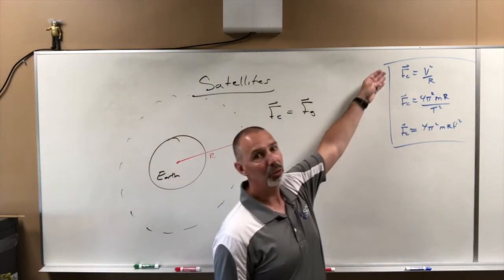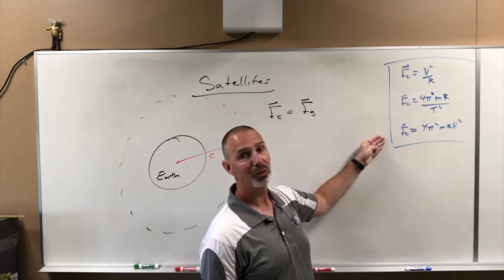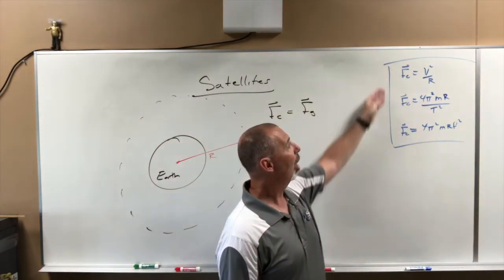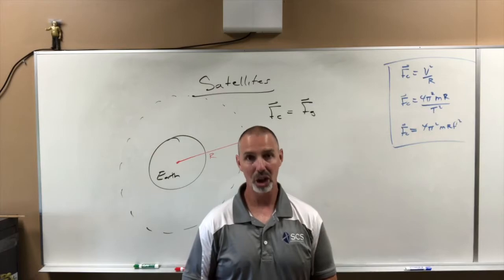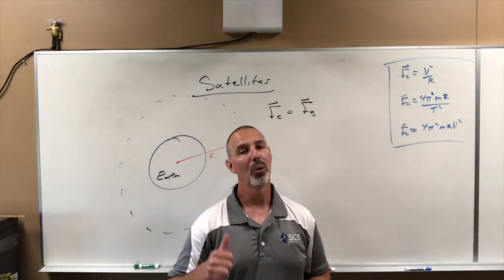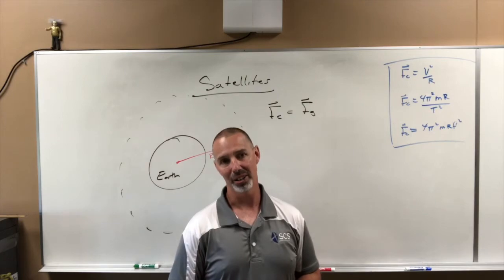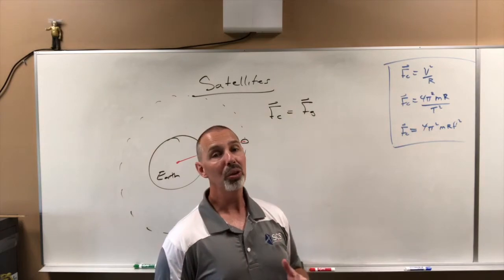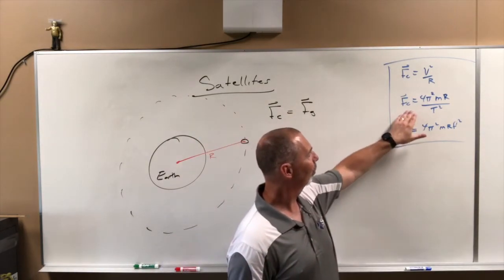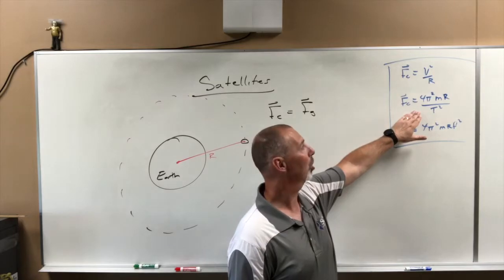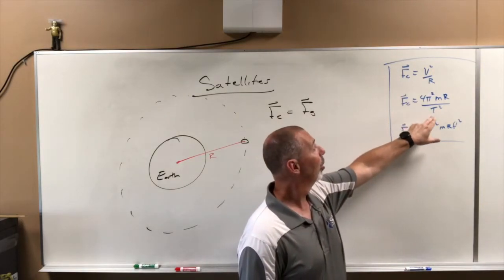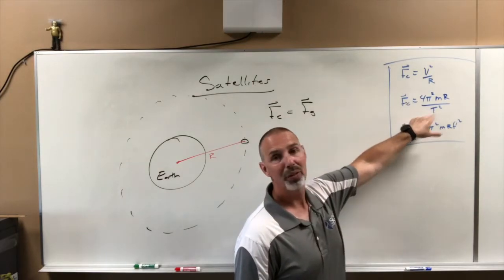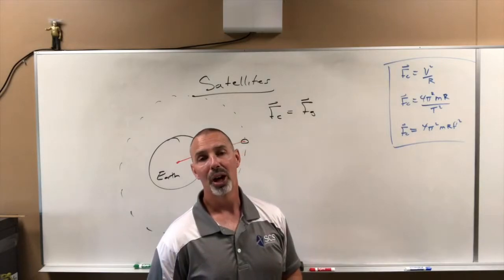Over here, I've written down as a reminder our 3 centripetal force formulas. Okay, and we can use any one of these depending on, again, what information we have, what information we want to find. All right, so we'll do a couple questions today. One of the things that we do know, though, is if we're using this formula in the middle here, the 4 pi squared m r over T squared, we know the T here is the period of revolution, and we know the period of revolution of many of the things that go around the Earth, right?